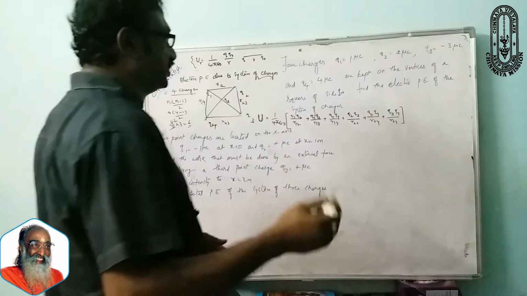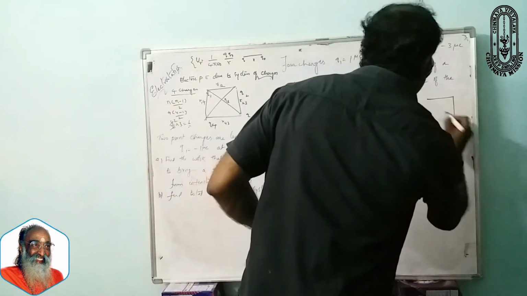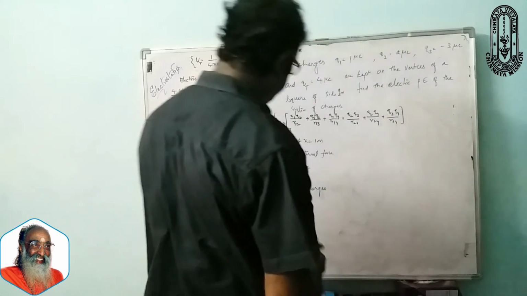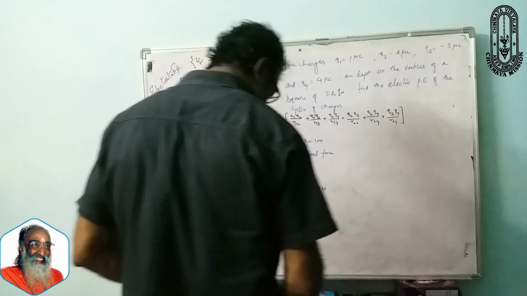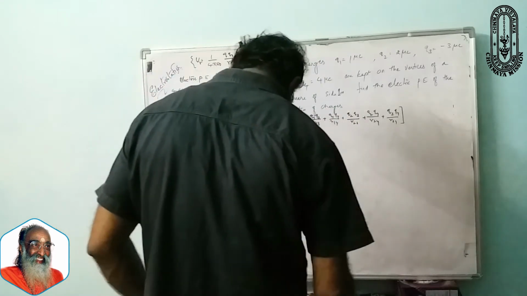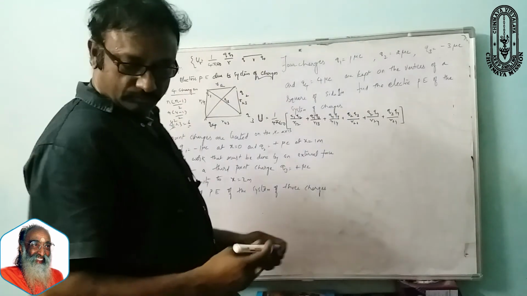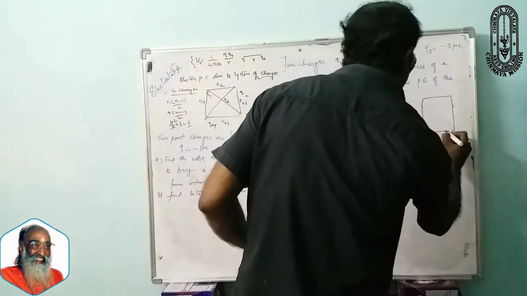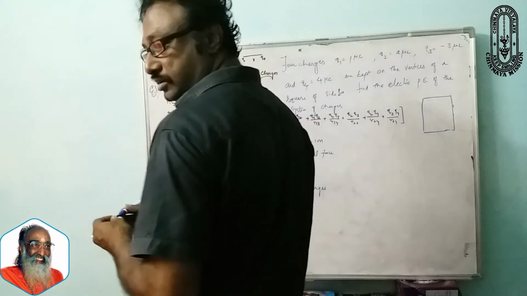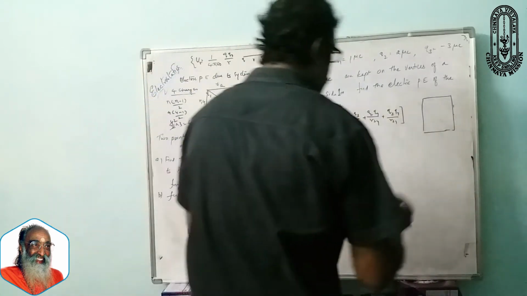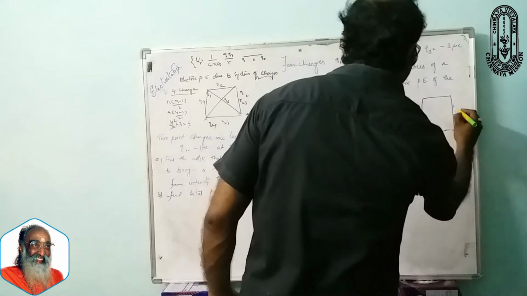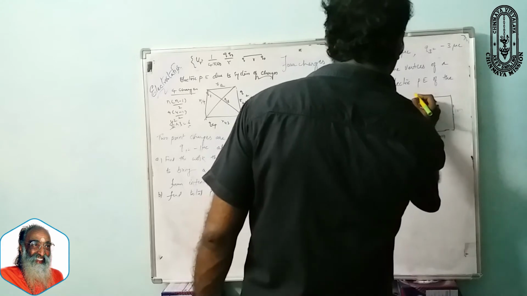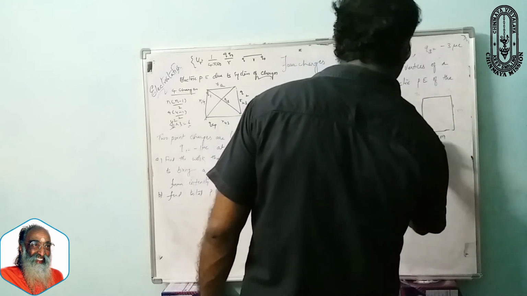That means here a square is there, whose side is 1 meter. This is 1 meter, 1 meter, 1 meter, and 1 meter. And here, let this be Q1, Q2, Q3, and Q4.